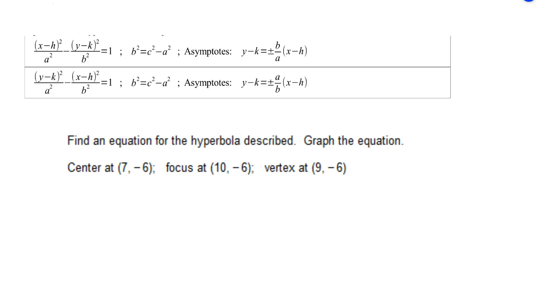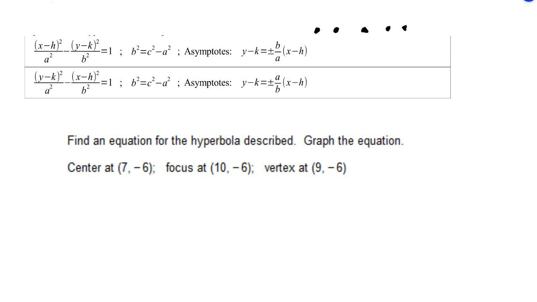So I'm going to sketch a quick picture so we get an idea of where all the important features are. For the horizontal orientation, you would have a center, and to the left and right of the center, a distance of a, you would have your vertices, a distance of c to the left and right of the center, you would have your foci.